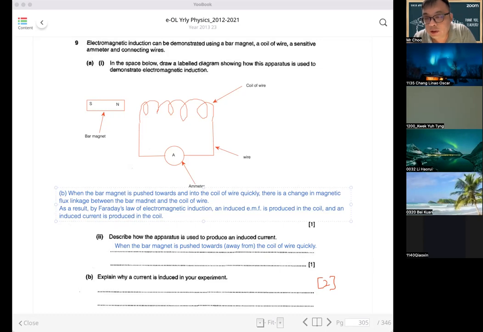Okay, Ryan's answer is very good. Ryan, can you share your answer with everybody? Ting, your one is okay as well. Well done. Xiao Xing, you can share your answer to everybody as well. Ting, you also can share. I think your answer is okay. How about the rest of you? Bei Kwan, Hao Rui, and Oscar, can you attempt part B and show it to me? You can also take a minute to read Ryan, Xiao Xing, and Ting's answers.